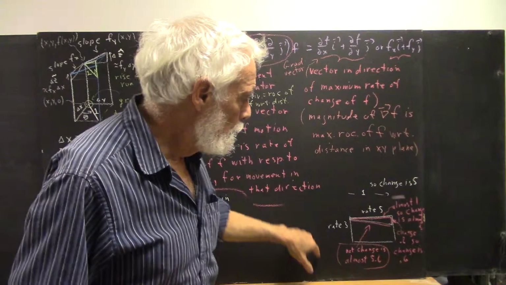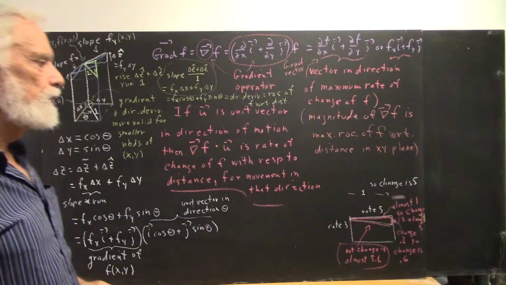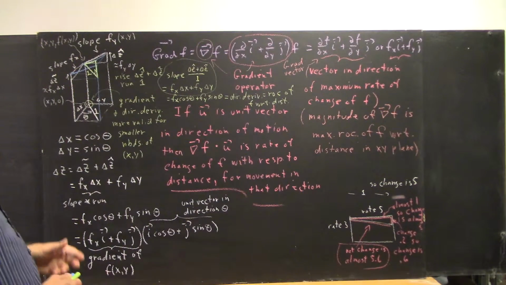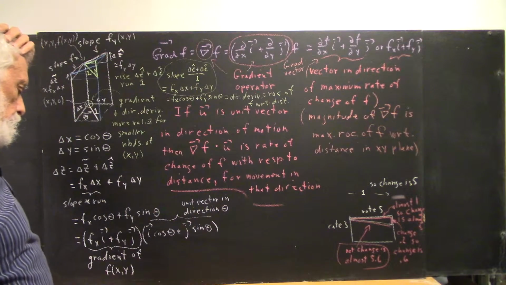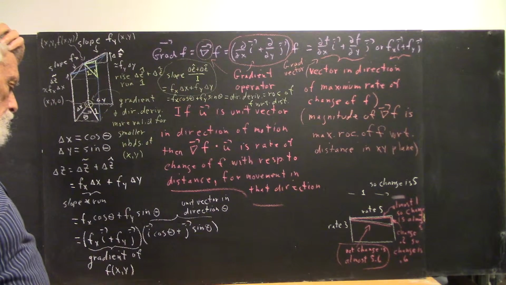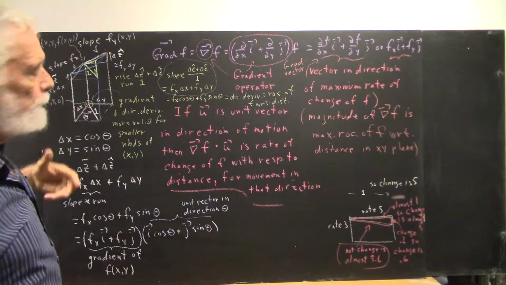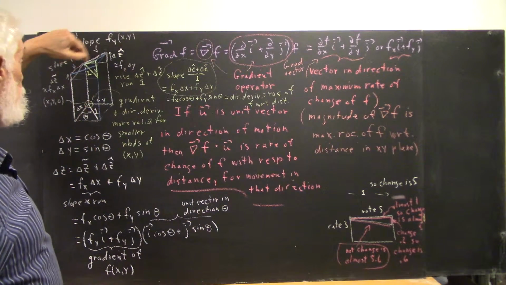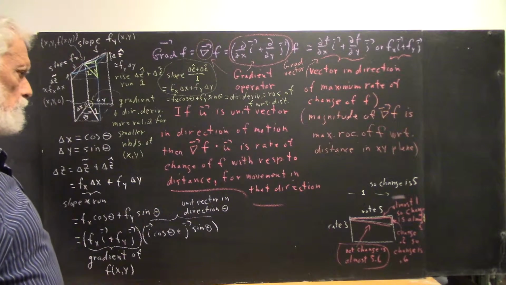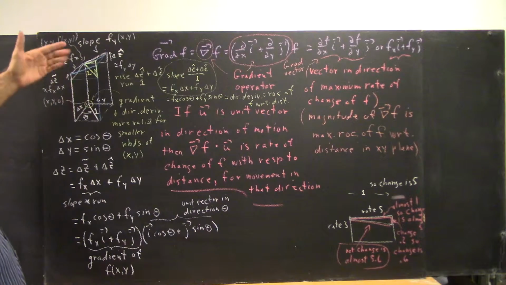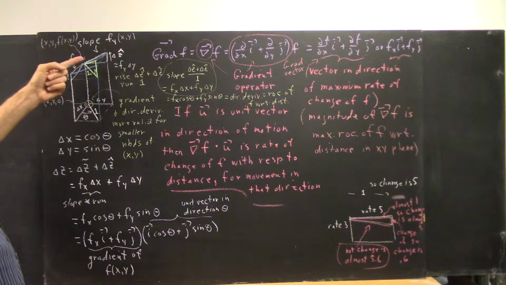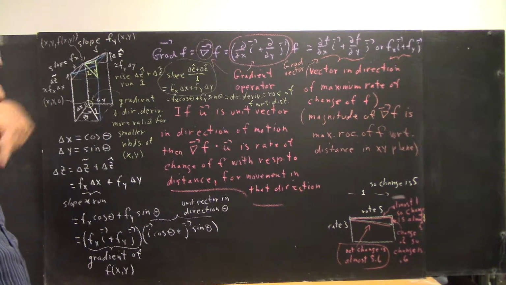Now, what I got down here, the question I got is, again, why would the maximum rate of change not be the greater of these two? Well, it's because let's just say that the rate of change in the y direction is greater.